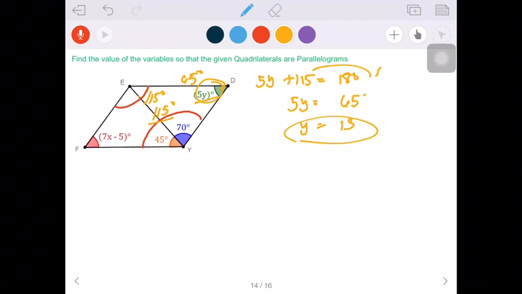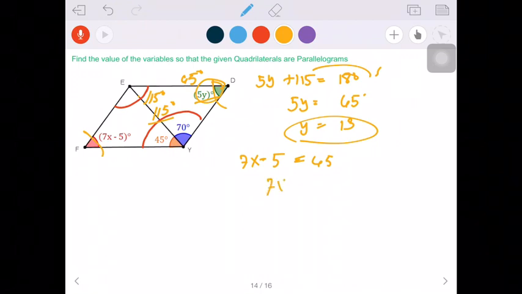Now, what about 7x minus 5? Do I need to add it to 115, or could I just say 7x minus 5 is equal to 65? Well, that depends. You can have it added to 115 and equal to 180, or you can take the shorter route and equate it to 65, because we know that this angle and this angle are congruent, being opposite angles of a parallelogram.